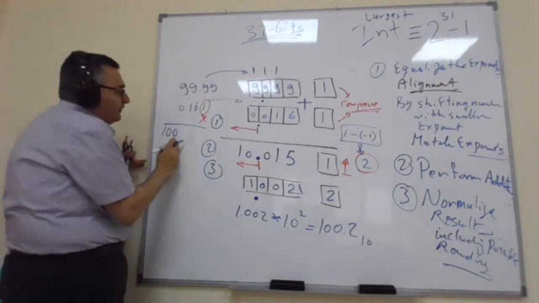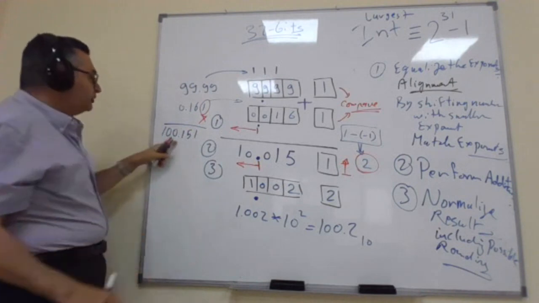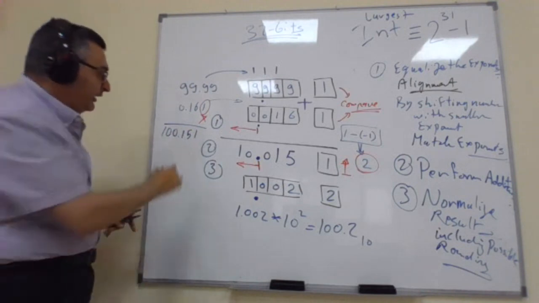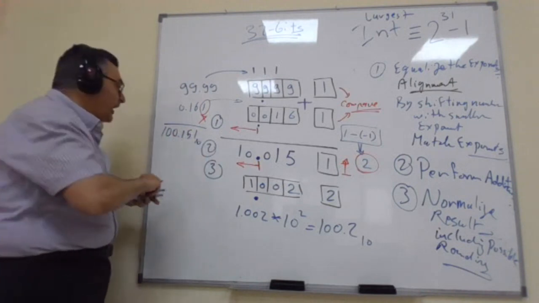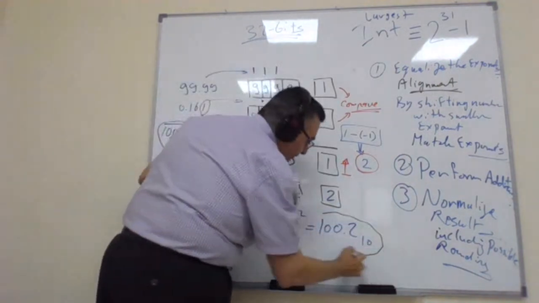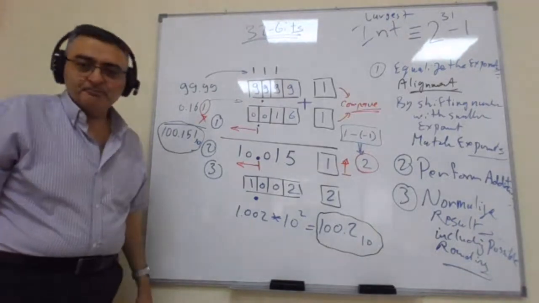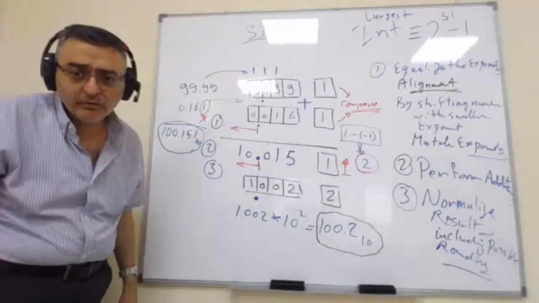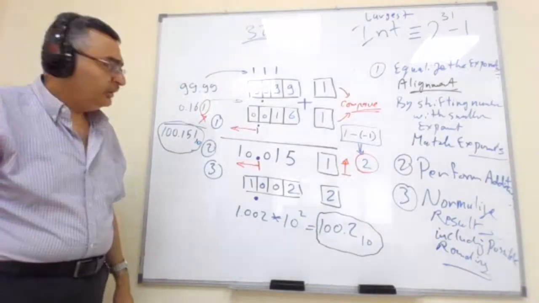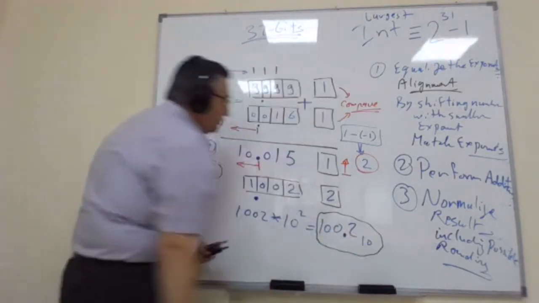This addition gives me the answer 100.151. Okay, this is the original correct absolute answer. But in the computer system, I get the answer rounded. So this is actually what we wanted to see.